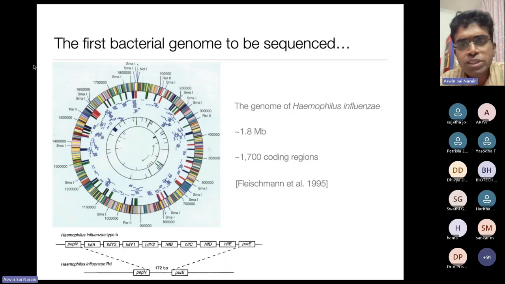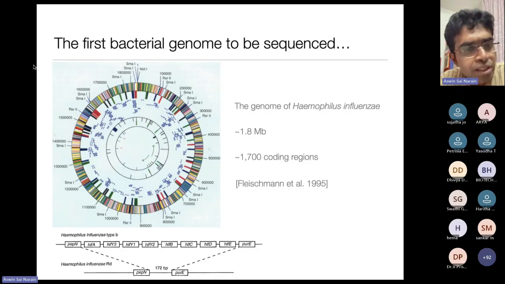Haemophilus influenzae also has an interesting place in the history of molecular biology. We all know that one of the classic experiments that led to the identification of DNA as the genetic material, the experiment by Griffith and later by Avery, was performed on pneumococcus, or Streptococcus pneumoniae as we call it now.